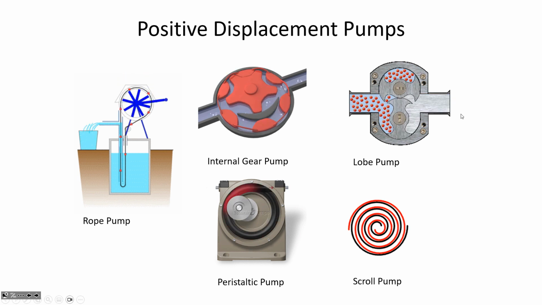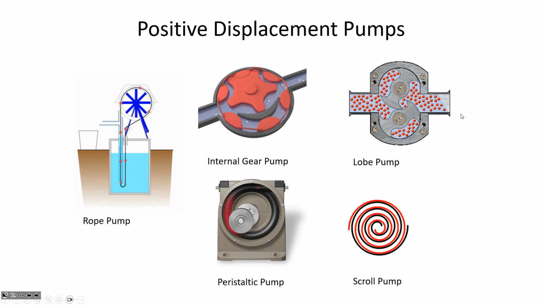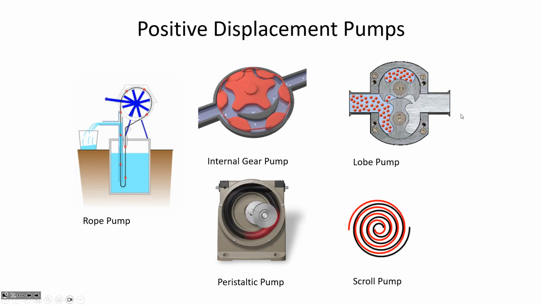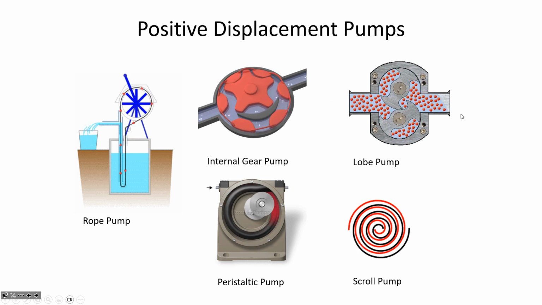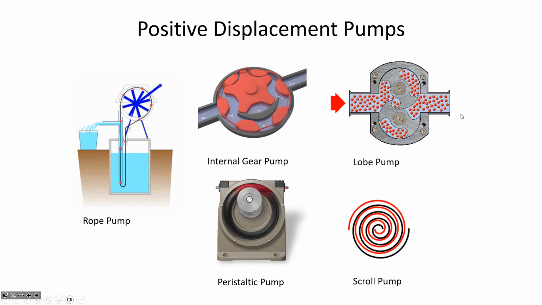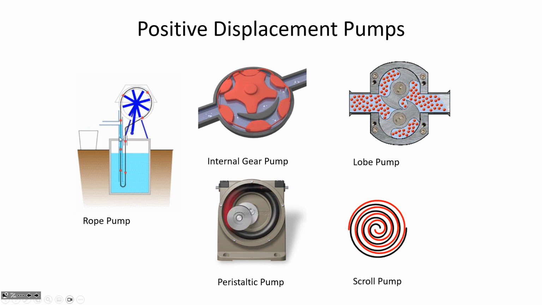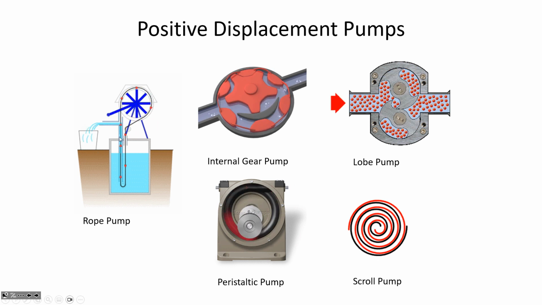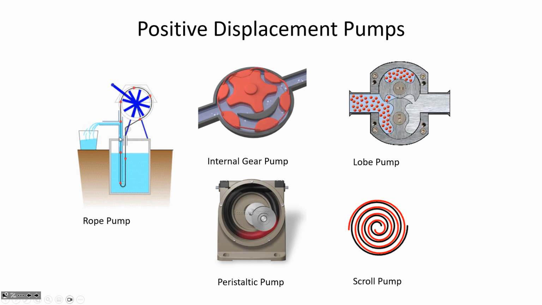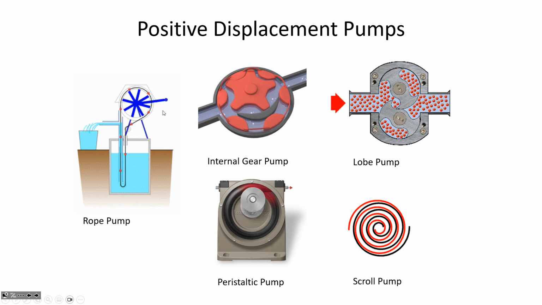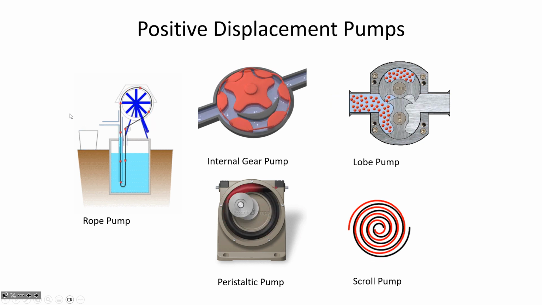With each rotation, it's pushing a certain volume of water from the inlet to the outlet. These positive displacement pumps are not used in large volume networks. You wouldn't see this delivering water for a city.